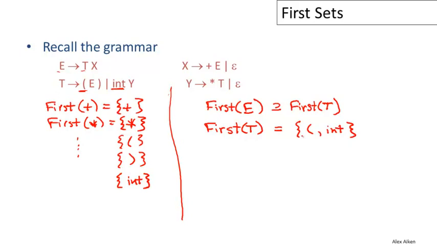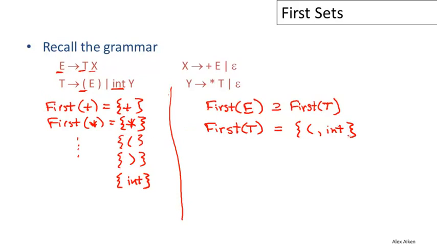Okay? Now, let's return to thinking about the first of E. Remember there was another case that we have to consider. So clearly everything in the first of T is in the first of E, all right? And we've already noted that down. But if T can go to epsilon, then things that are in the first of X could also be in the first of E. But now we've computed the first of T and we see that epsilon is not in there.